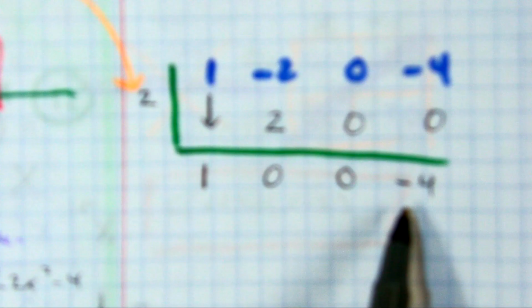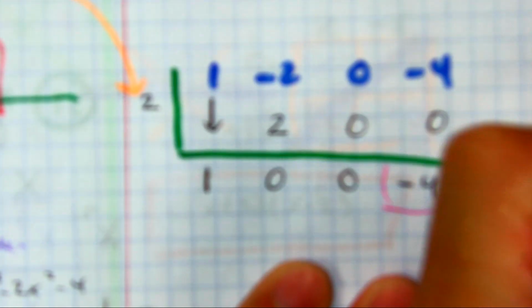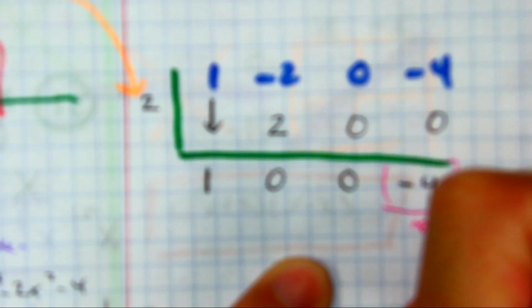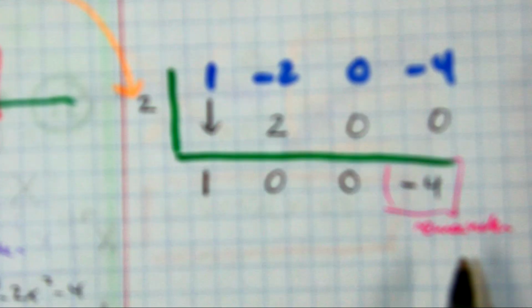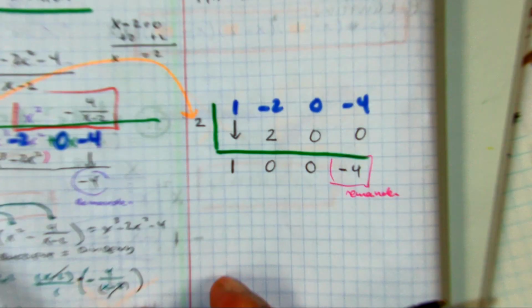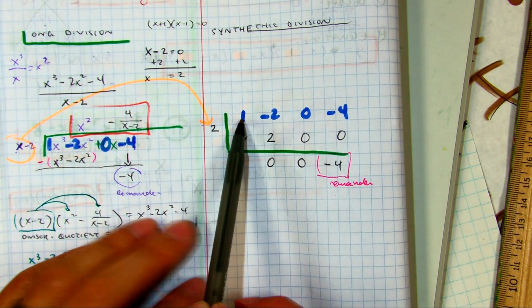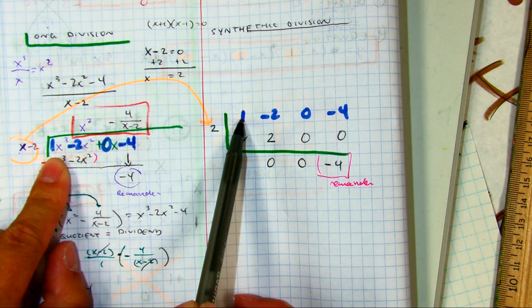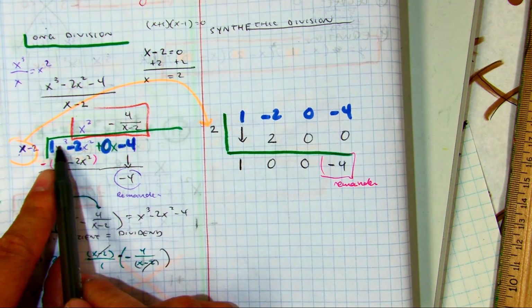This one here represents the what? The -4 is our remainder. Okay, now we have to interpret what this -4 means. This one was 1x cubed, yes? This here represents 1 less than what you started with.